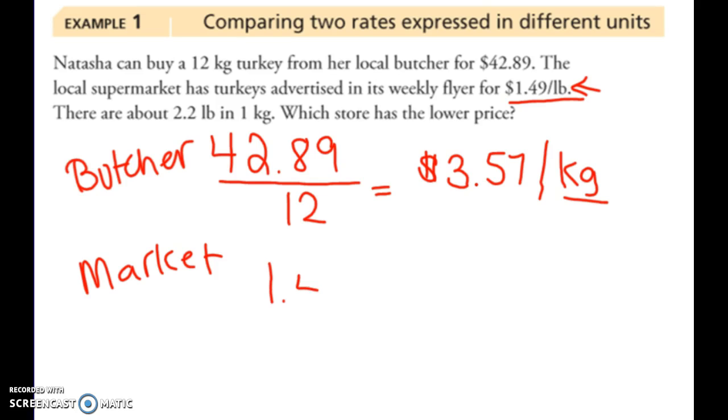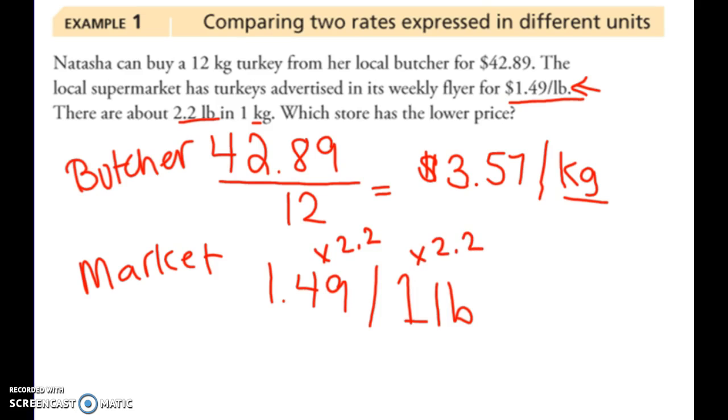If this is $1.49 per 1 pound, that means there's 2.2 pounds in 1 kilogram. So this is times 2.2, and if we times this by 2.2, we would be getting our answer in kilograms.